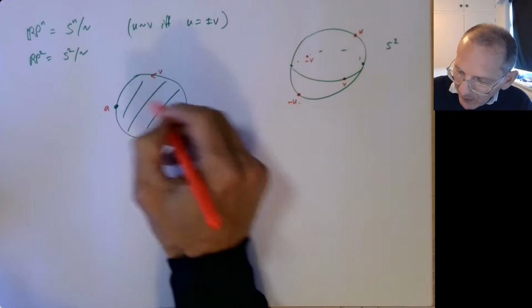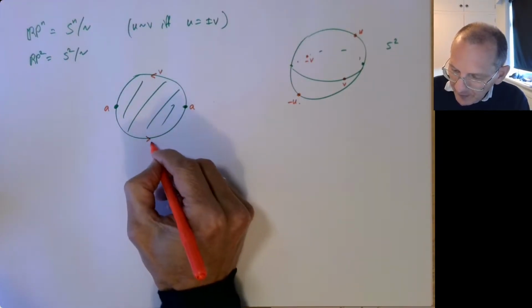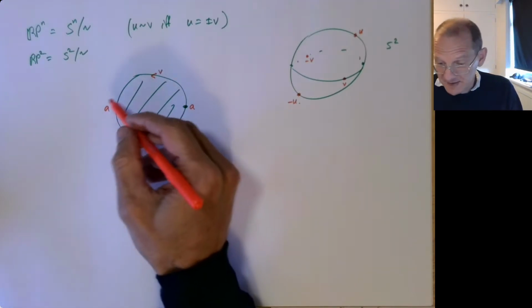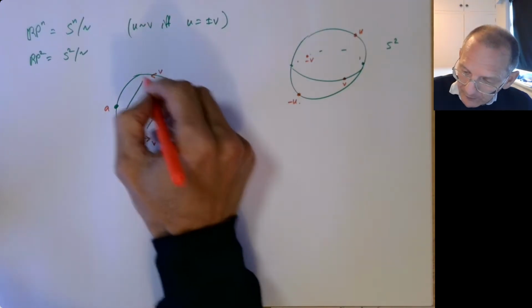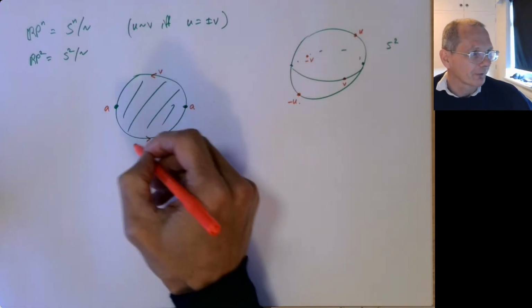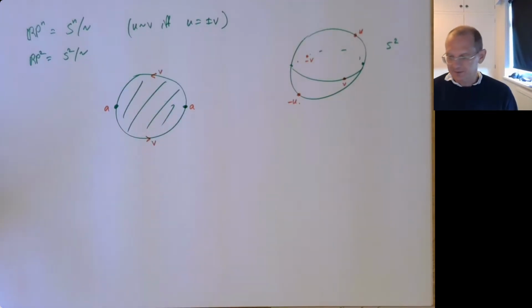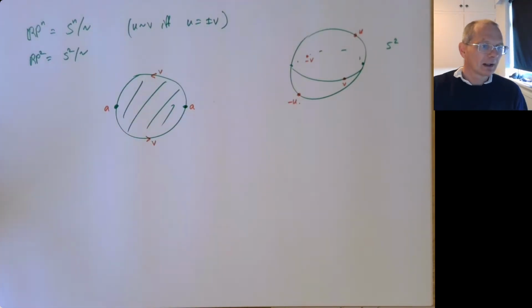And then we've got this path v which goes around the edge from this A to A. This is the same edge, because every point in the upper semicircle gets glued to the corresponding point on the lower semicircle. So this is v, and this is just the same after gluing.